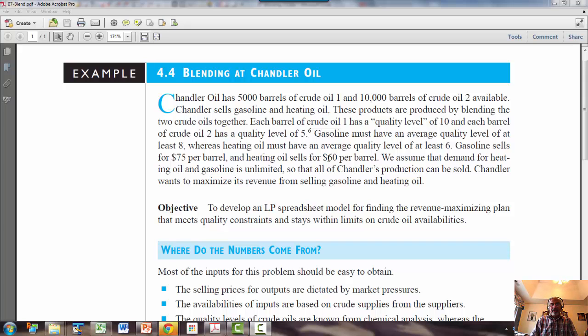And these are the dollar amounts at which the two products, the gasoline and the heating oil, will be sold. So we want to determine how to mix these two crude oils and how many units we need to produce of the two end products such that the profit is maximized and we stay within these barrel limitations. So let's jump into the Excel file.